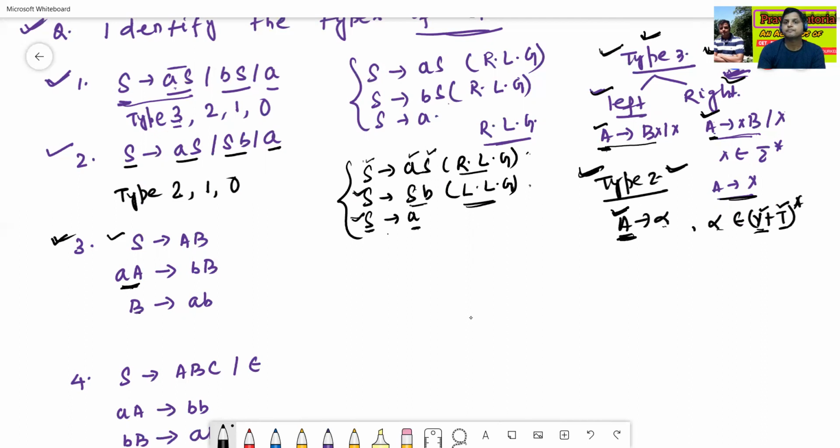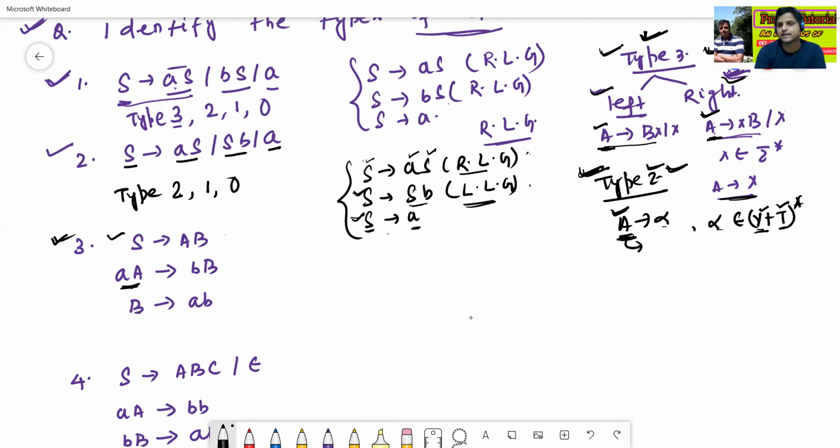In type 3, the left symbol is always one. In type 2 also, the LHS of the production is always one symbol. So this grammar does not belong to type 3 and also not type 2 grammar.